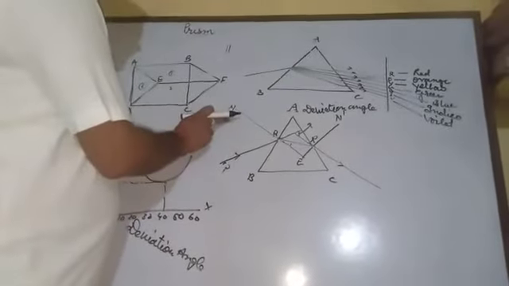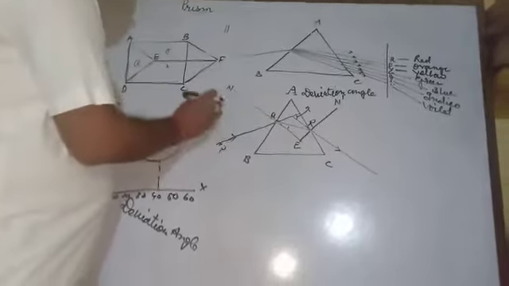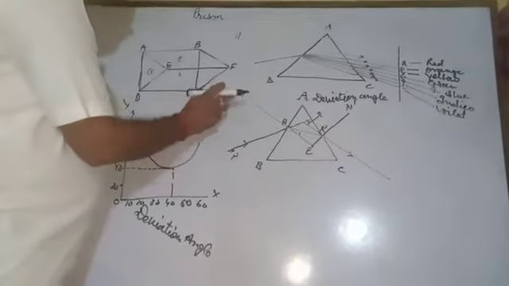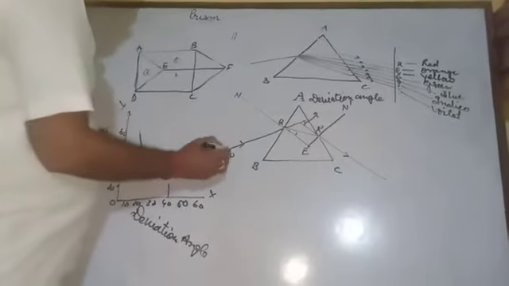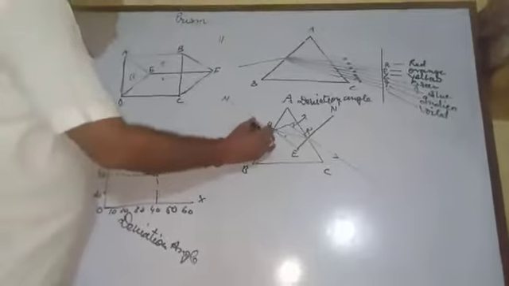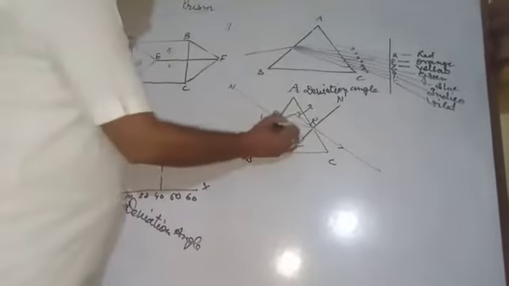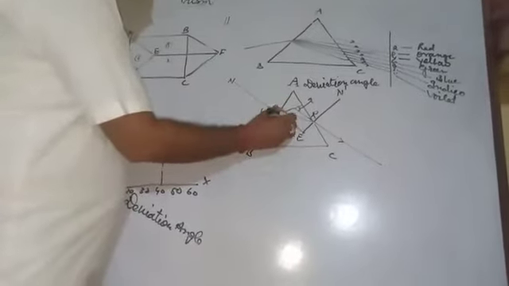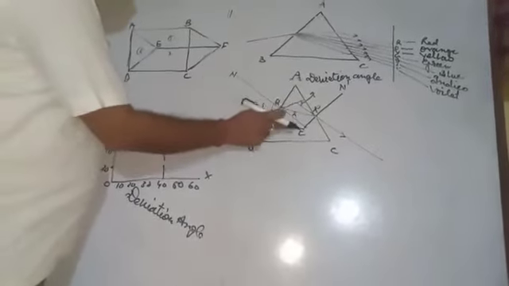If we draw the normal at incident point Q, QE, then incident ray PQ forms incident angle I and refracted angle R with the normal NQE.